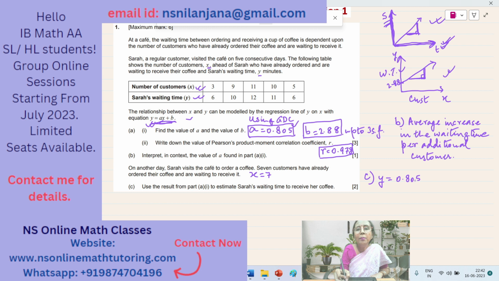You may take more number of digits as well. I am writing it this way. 0.805 times x, which is 7, plus 2.88.